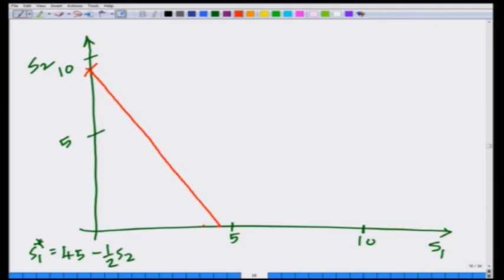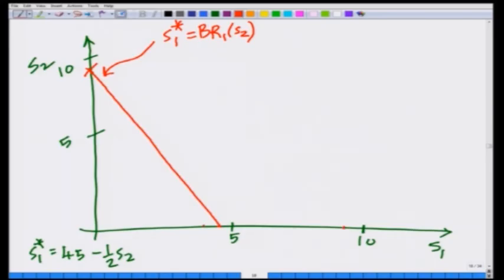This represents S1 star, which is the best response 1 for any quantity S2. So, what I have drawn is the best response S1 star as a function of S2. If S2 is equal to 9, the best response S1 star is 0. If S2 is equal to 0, the best response S1 star is 4.5.